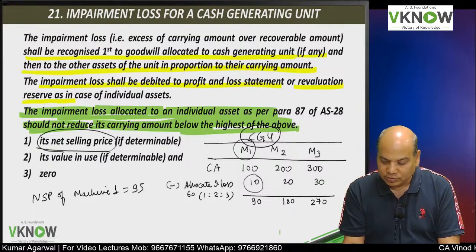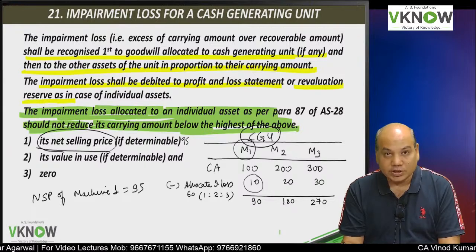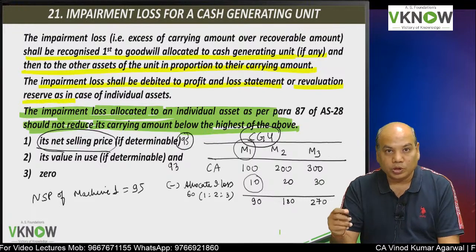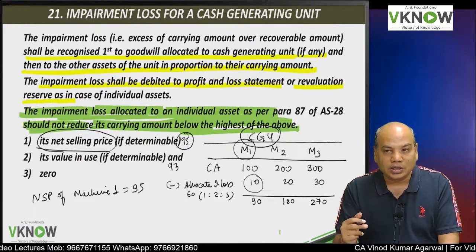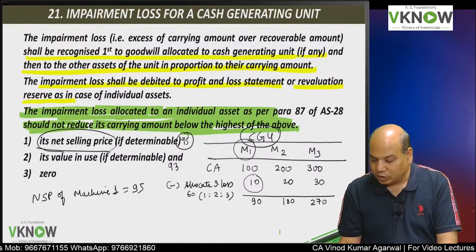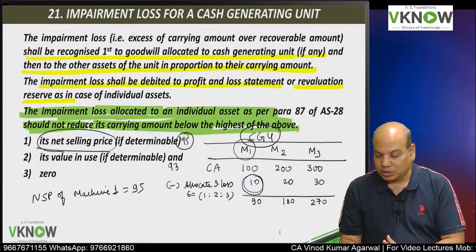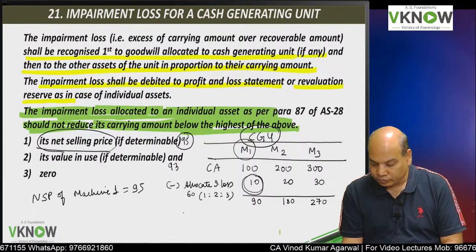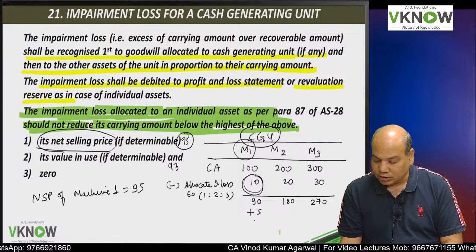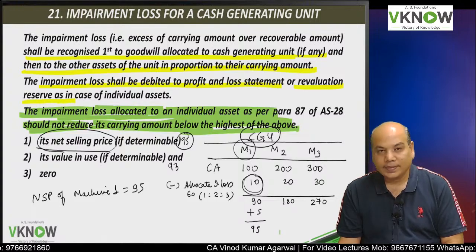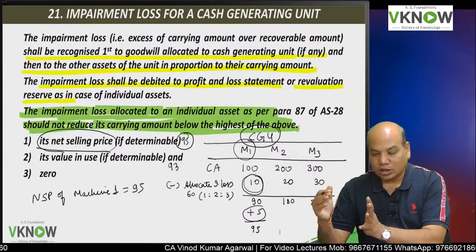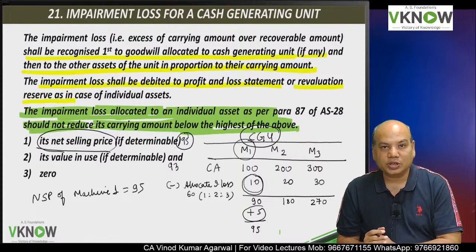Suppose net selling price is 95, its value in use can be determined as 93, and 0. So it can't go below 95. Machine 1's carrying amount after impairment loss cannot go below 95. But after you have allocated 10, it has become 90. So what do I have to do? I have to add back 5, because I want it to be 95. And this 5 can be allocated to machine 2 and machine 3.